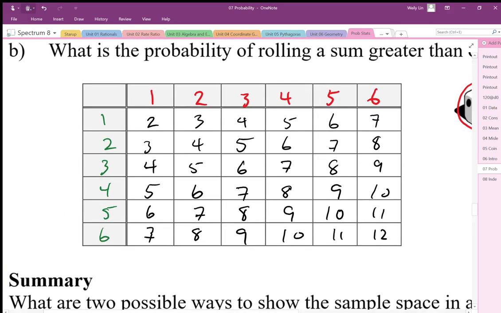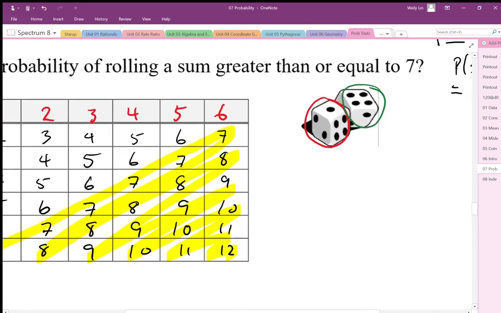So if I just highlight those ones, the sums greater than or equal to 7 are going to be represented along this side. If I count them up, there's 6, 5, 4, 3, 2, 1. So what does that work out to be? 21. It looks like there's 21 outcomes that I want.